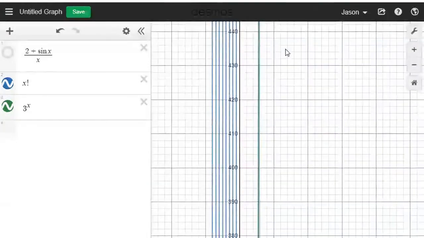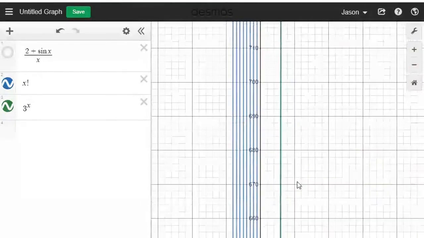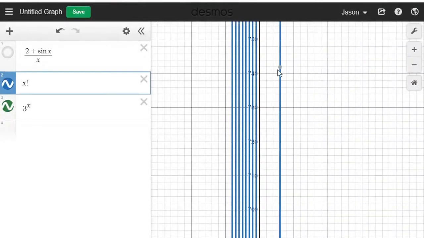So at some point there's an intersection. See how by 6, 3^x is overtaken by x factorial, and it's a really high value of y, so I'm not going to continue doing this. But factorial always beats exponentials in the long term.